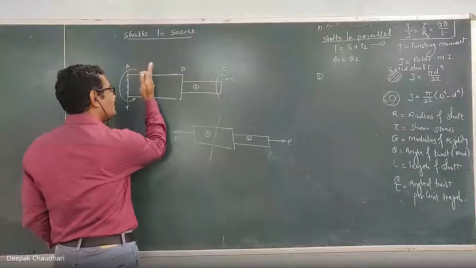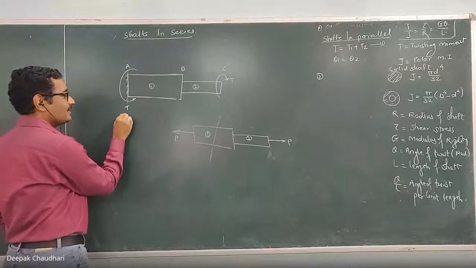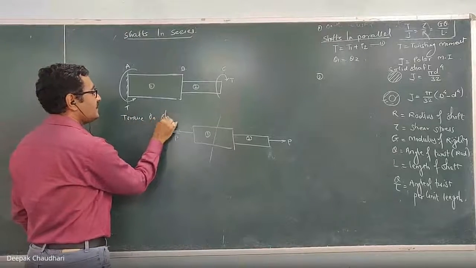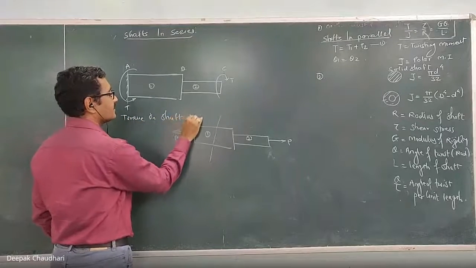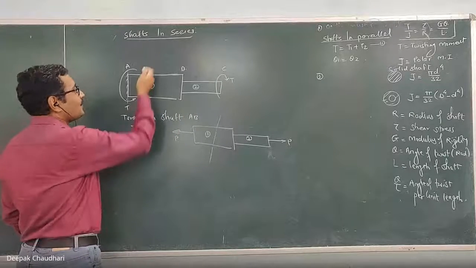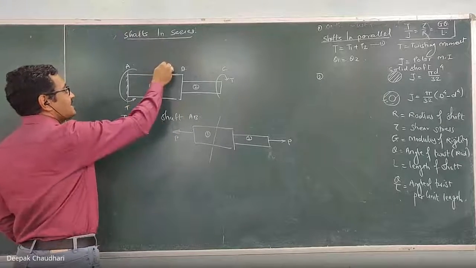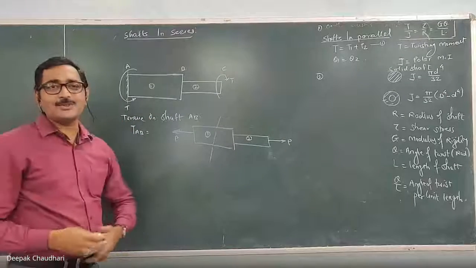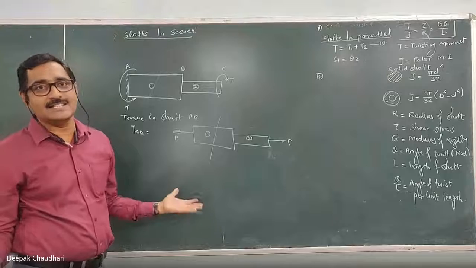So how much is the torque acting on the part AB? Torque on shaft AB. To calculate the torque in shaft AB, let's consider an imaginary section of this part AB and take the algebraic summation of all the torques on any one side.